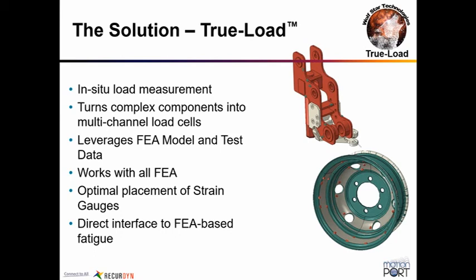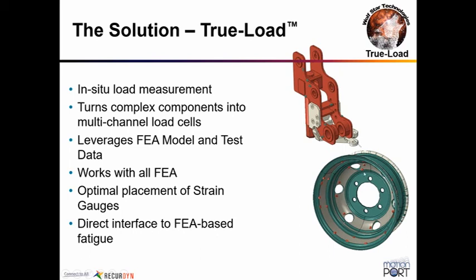Part of what it's doing is letting you know the optimal placement for the strain gauges. If you already have test data with strain gauges that already exist, that's okay. It will work with it and do the best that's possible, but it can also give you feedback on how it might be better to place the strain gauges. And then there's the direct output to the FEA-based fatigue.